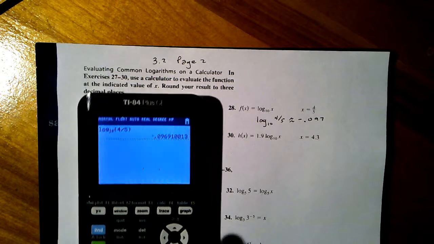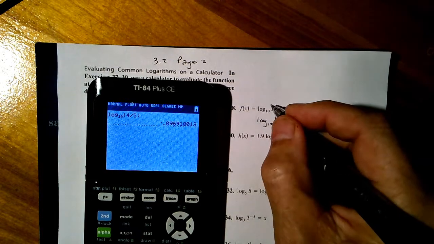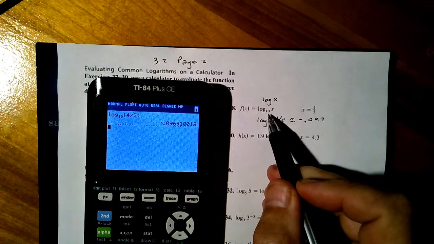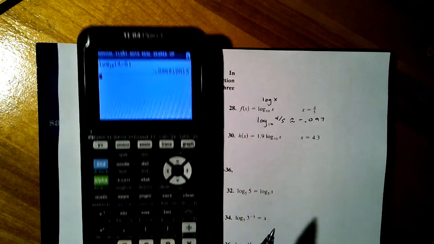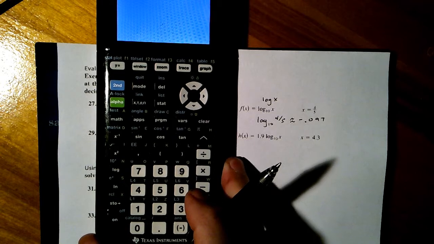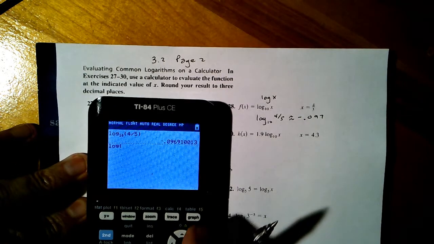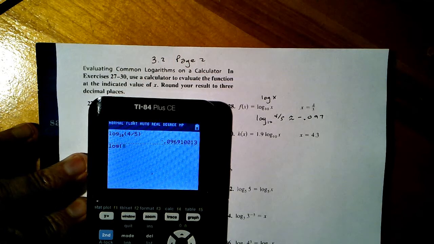But anyway, this could just be called plain old log x. If you don't have a base there, it's assumed to be 10, so we truthfully could have done this way. Just hit plain old log. You'll hear me refer to it as plain old log all the time, 4/5.